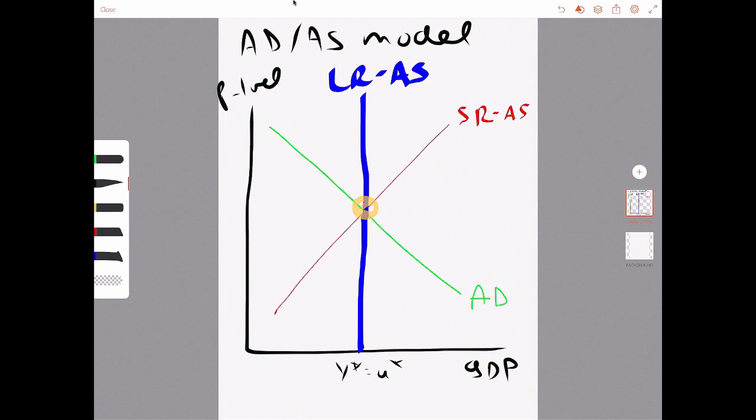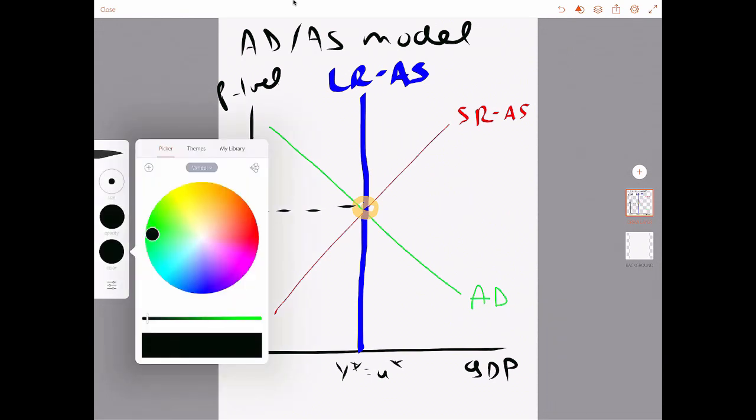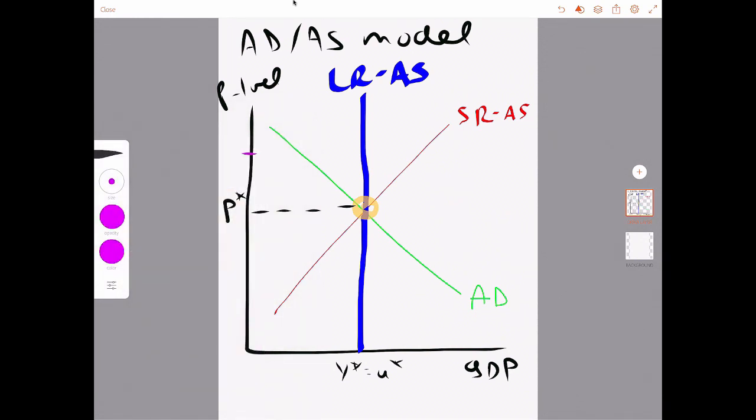And if prices are somehow higher or lower than our equilibrium price, which is going to be right here, we'll just call that P star, just to keep the stars together. If we're at a different price other than that P star, the economy is going to work to move us back to that position. So for example, let's say we're up here at a higher price.